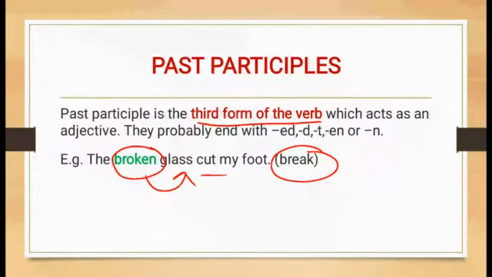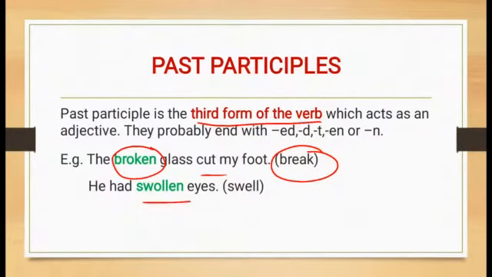So it is acting as an adjective here, and thus it is a past participle. Similarly, in this example, he had swollen eyes. The word swollen is the third form of the verb swell and is acting as an adjective for eyes. Thus, it is called a past participle here.